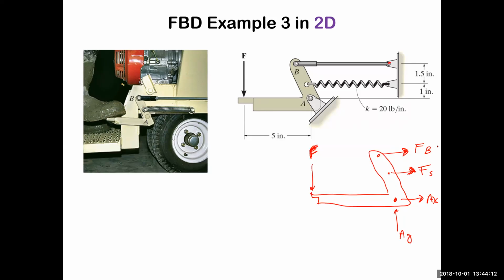If you're pressing on that pedal, and you're creating a tension on that spring and a tension on this cable, those tension cables are going to be resisting, because you're trying to make this thing rotate this way. The tension cables have to keep that from happening by providing a counter moment about A.